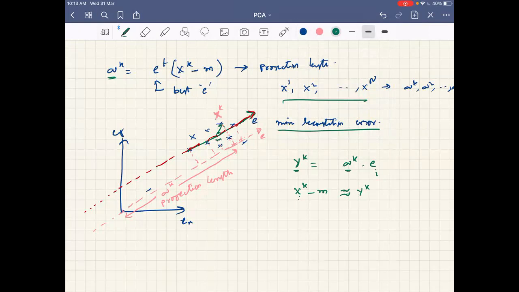The mean is a vector now, not a scalar. Whatever I mark in 2 dimensions is a vector, except the projection length, which is a scalar because it is a length, calculated from the origin.